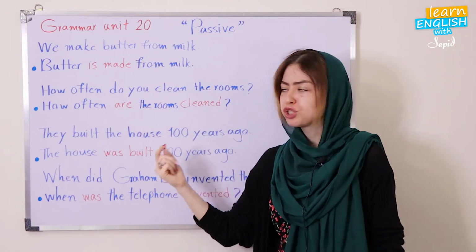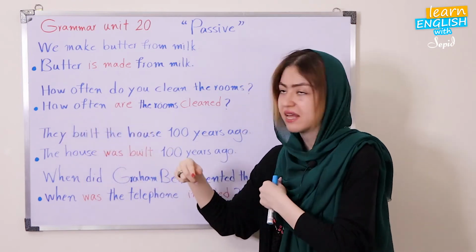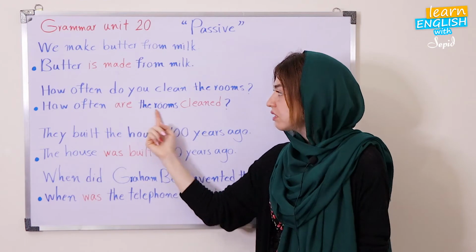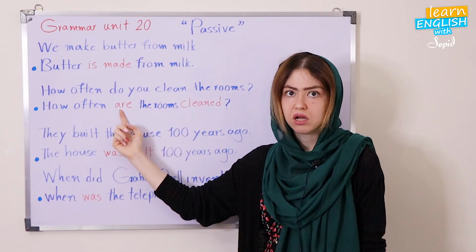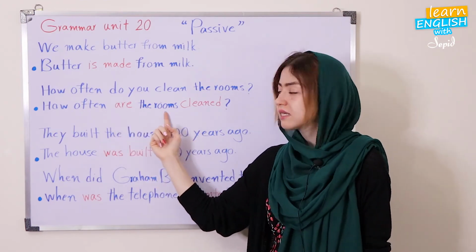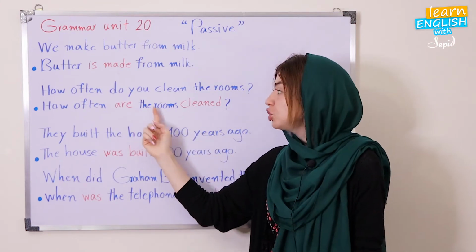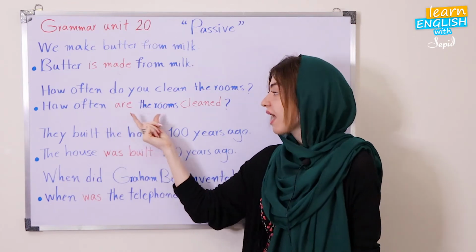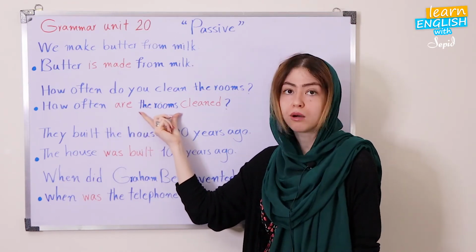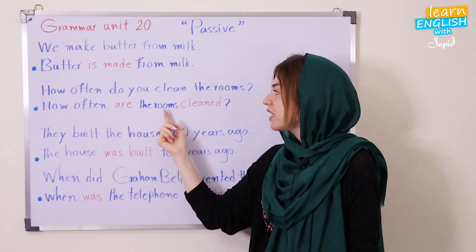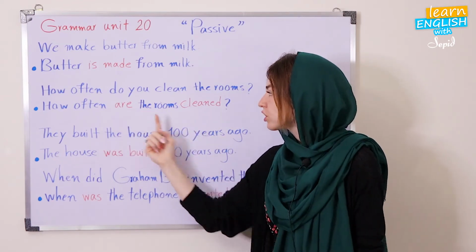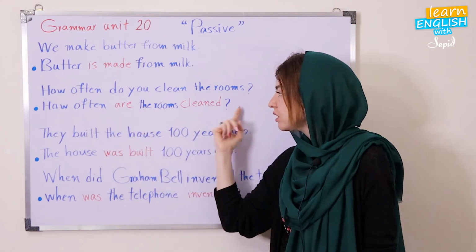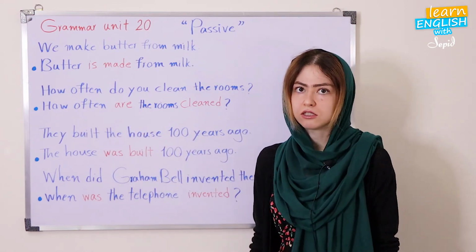So we should ask like this: how often, and for the rooms we should use are. Are the rooms, because it's a question. We change the places of the auxiliary verb, the to be verb, and our object. In a normal sentence, we say the rooms are cleaned, but in a question, how often are the rooms cleaned? That's the case.